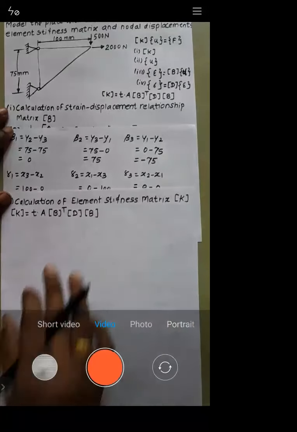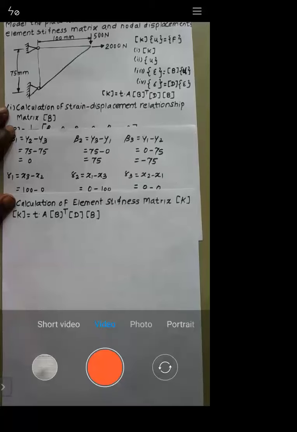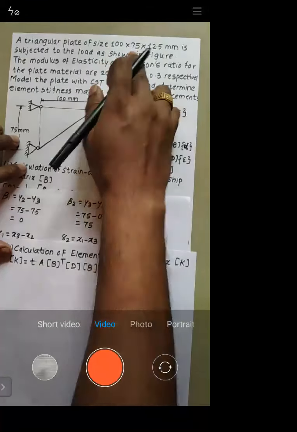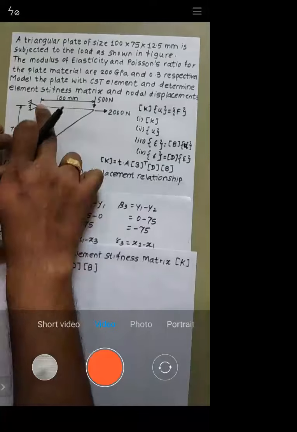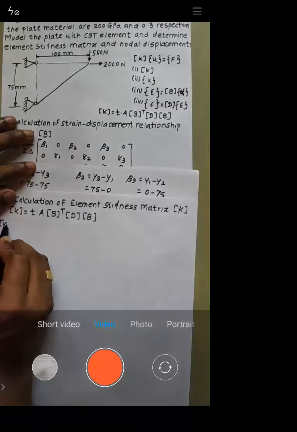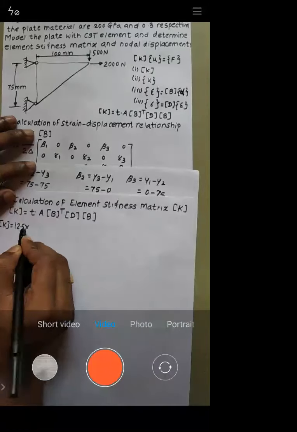Now let's do the calculation. Thickness is given in the problem, right? See here, it is given, 100 into 75, and this is the thickness, so I will write it down here. So stiffness matrix K is given by thickness, 12.5, into area.